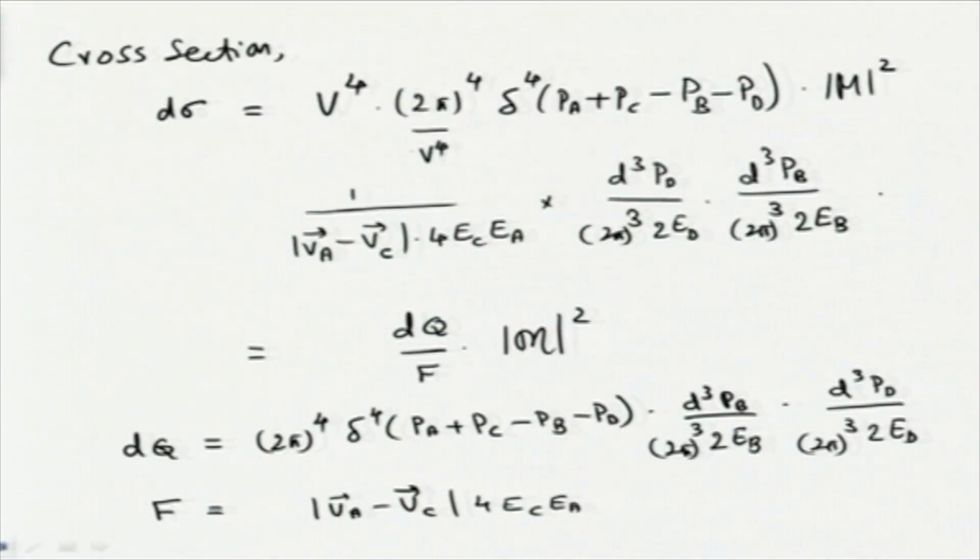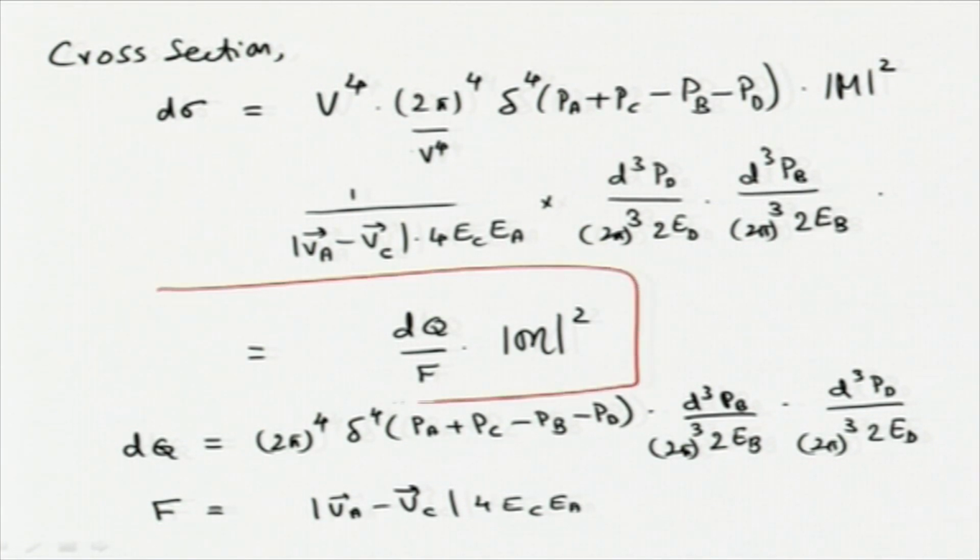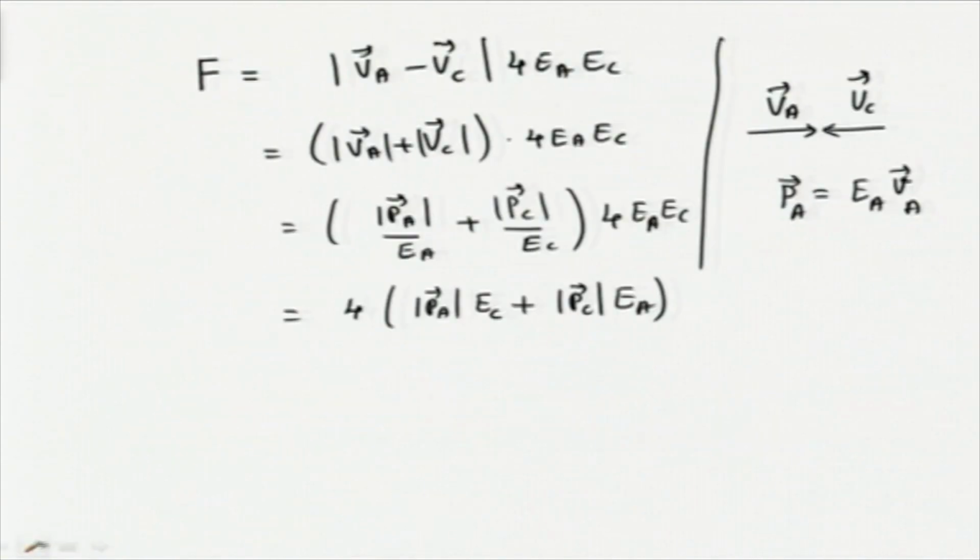Okay. So, we have sigma here, the differential cross section, as d q over f m square, and f is what is given here. We will come to the factor d q.